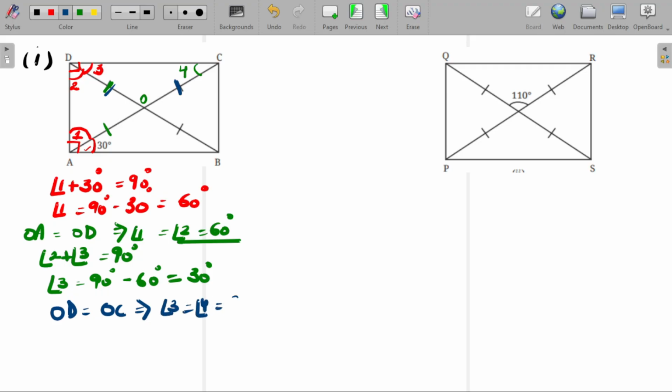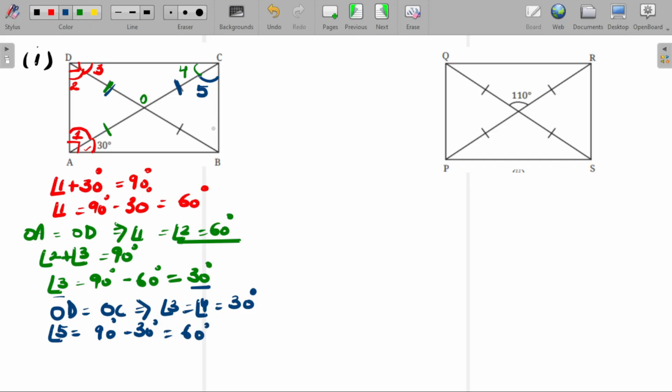That means angle 4 is 30°. Why? Because angle 3 is 30°, and angle 3 is equal to angle 4. And if this is angle 4, then clearly angle 5 will be 60°. So angle 5 will be 90° minus 30°, which is 60°.